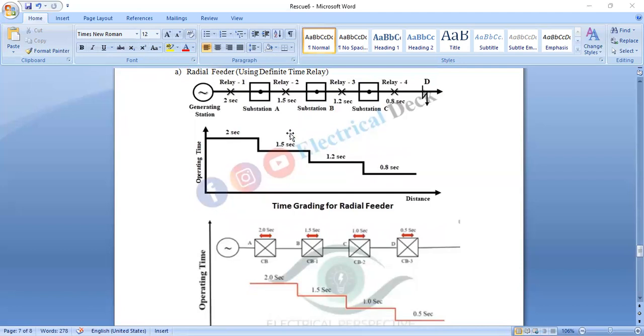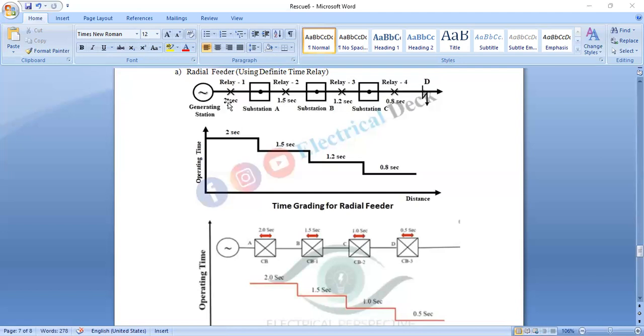Suppose relay 1 has an operating time of 2 seconds, relay 2 has 1.5, relay 3 has 1.2, and relay 4 has 0.8 second.